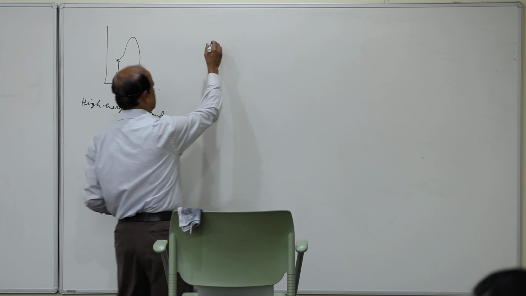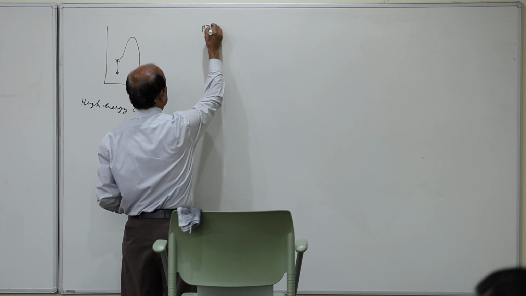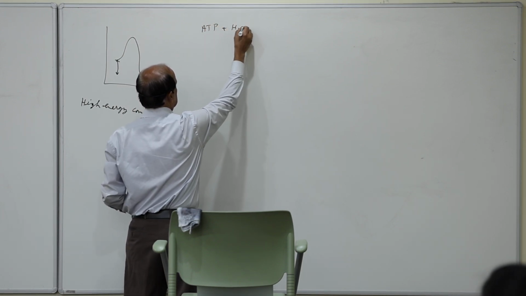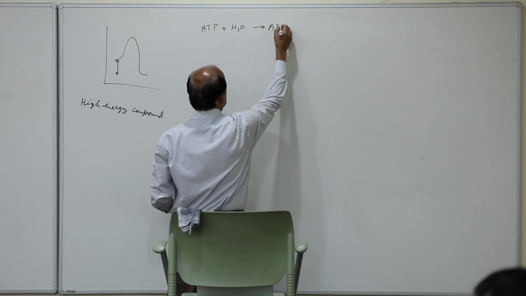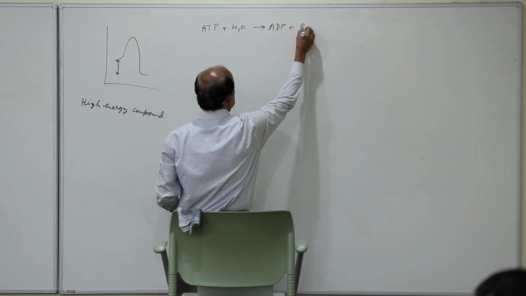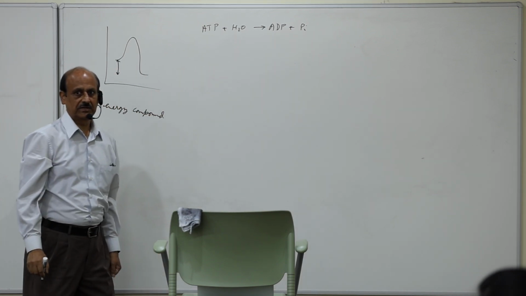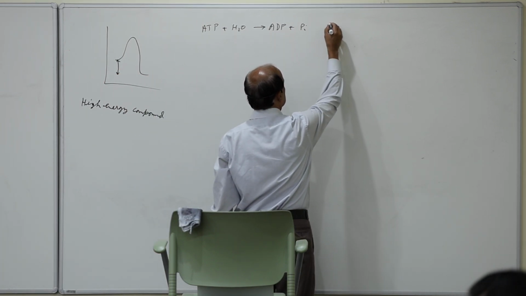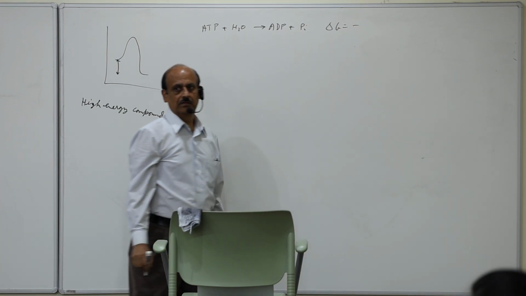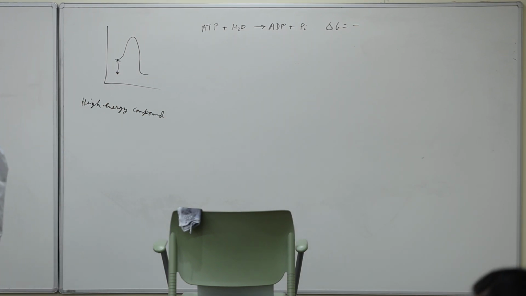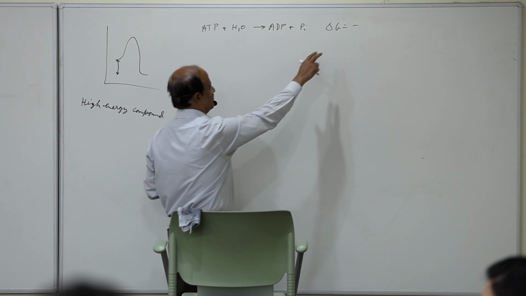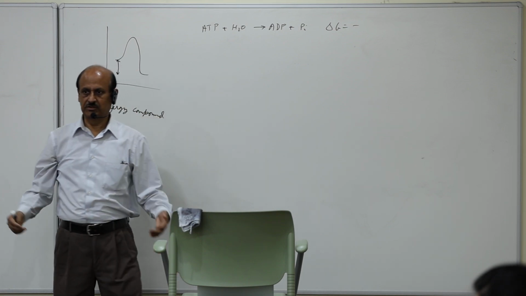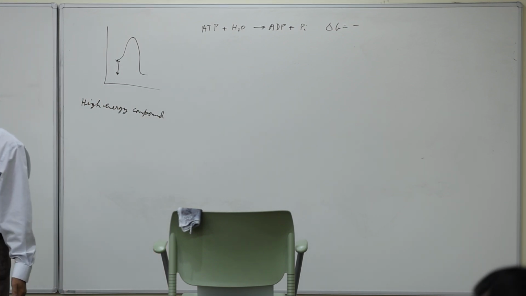For example, if you have ATP reacting with water, it gives ADP plus phosphate, and this has a negative delta G, and that's why ATP is called a high energy compound, and the energy released is used for other reactions. So what factors for any reaction will make delta G more negative? That means make it a high energy compound.